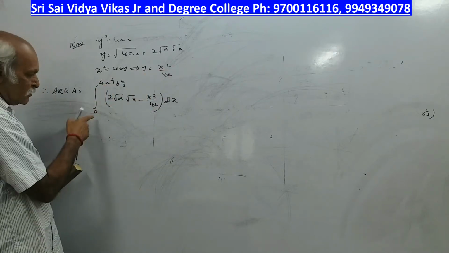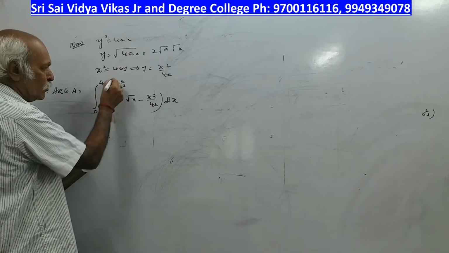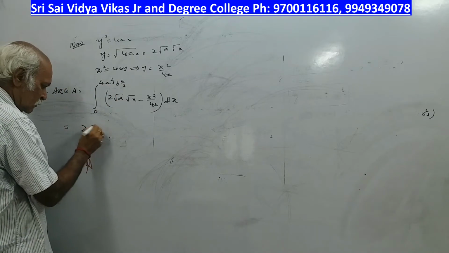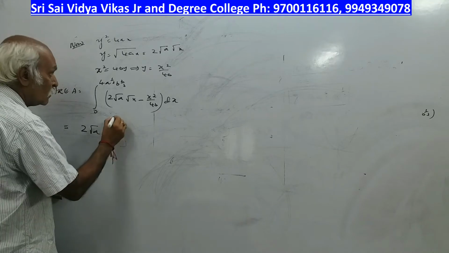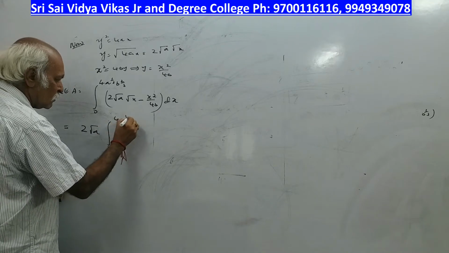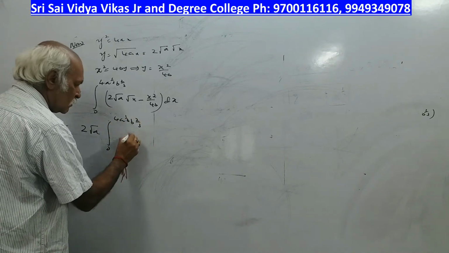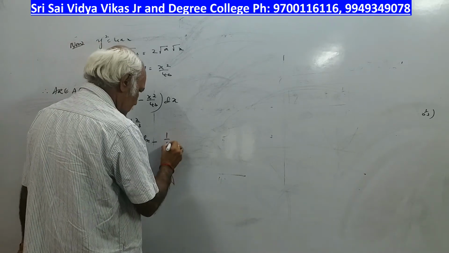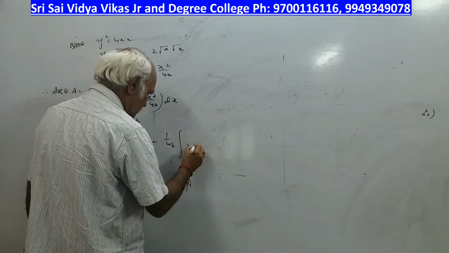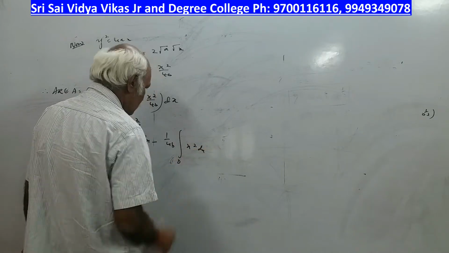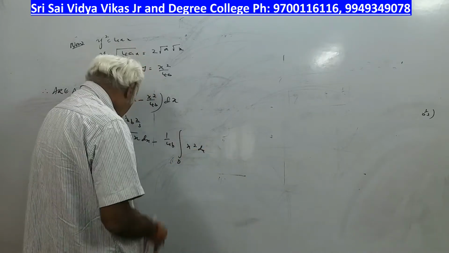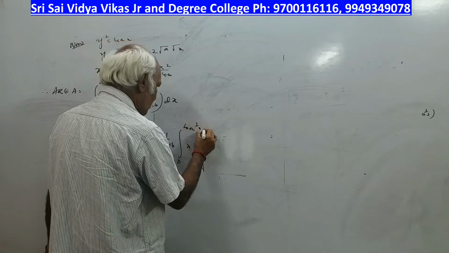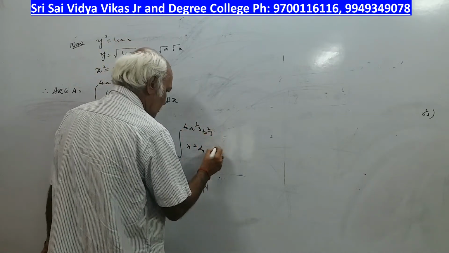So area from 0 to the point of intersection 4a power 1 by 3, minus dx, right?